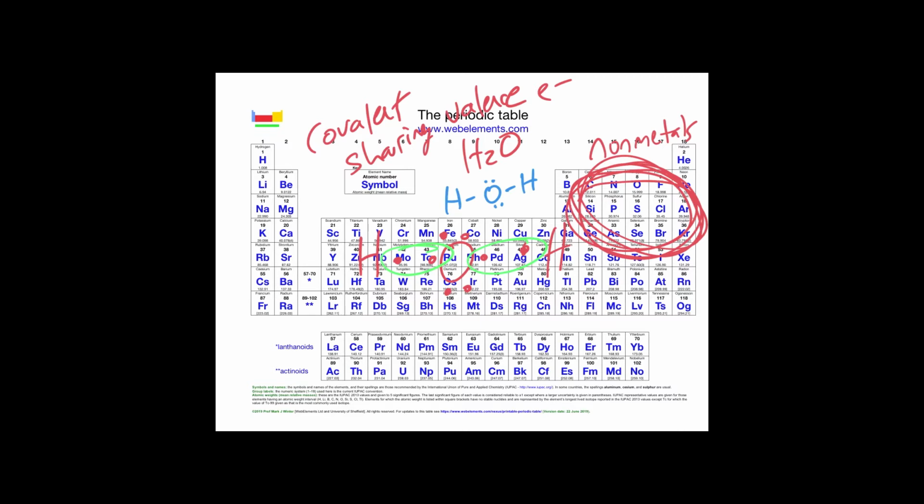And let me show you how to write the formulas and do the names. It's a whole lot easier than the ionic compounds. I said that they are between non-metals, so I'm going to just pick some non-metals. Let's do phosphorus and oxygen.